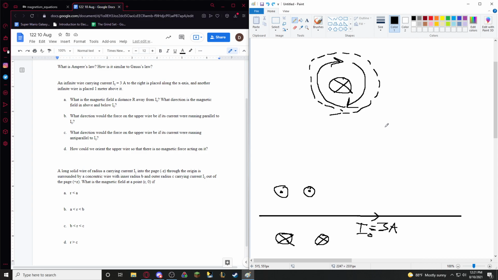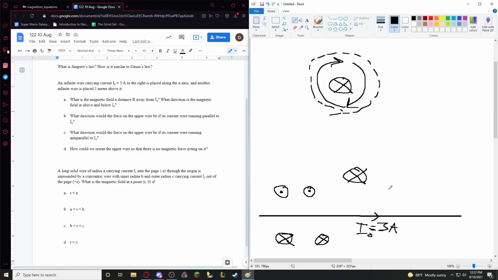The length and the magnetic field have to be in the same direction. Exactly, it can't be perpendicular. There are two ways we can orient it: into and out of the page. Exactly, so the wire goes the same direction or opposite to the magnetic field.